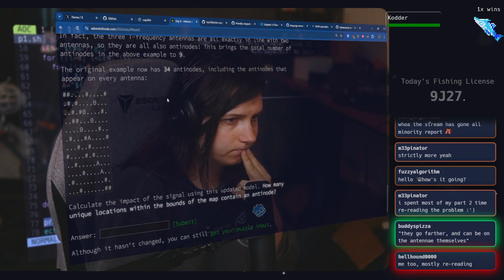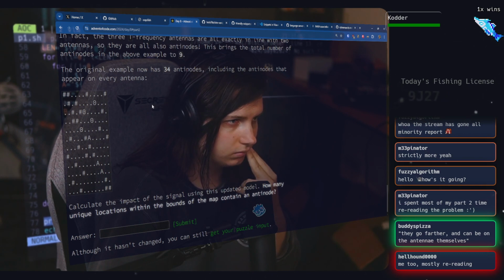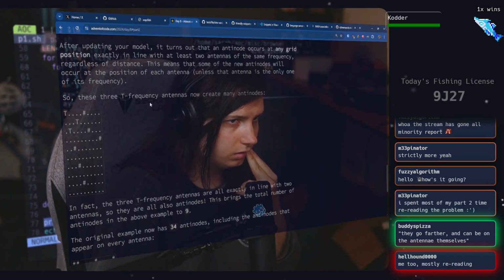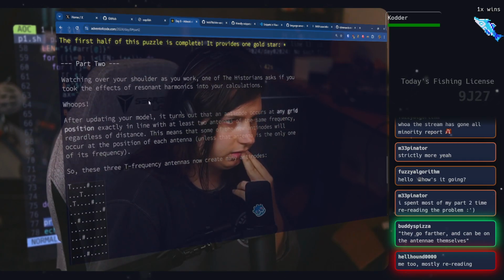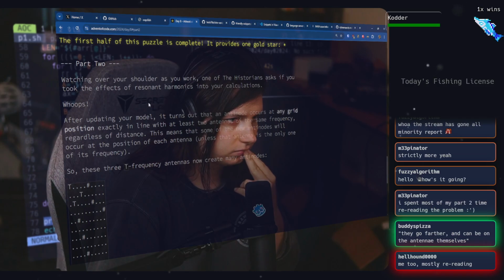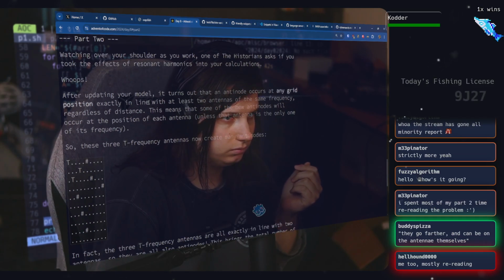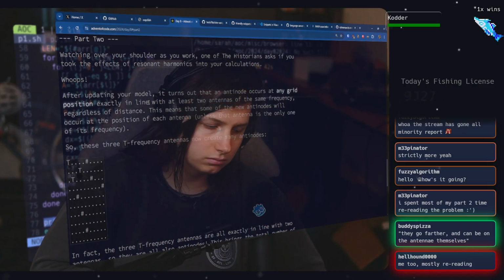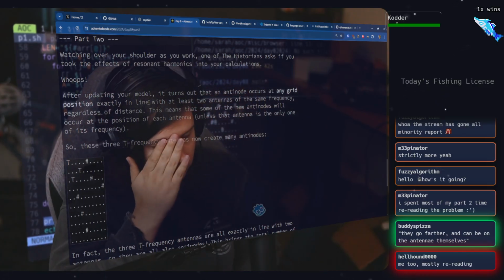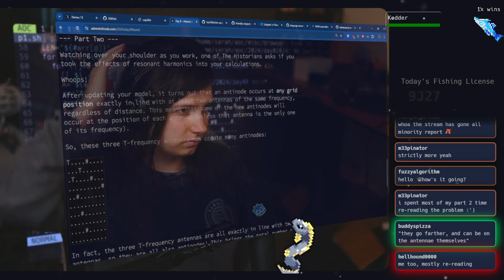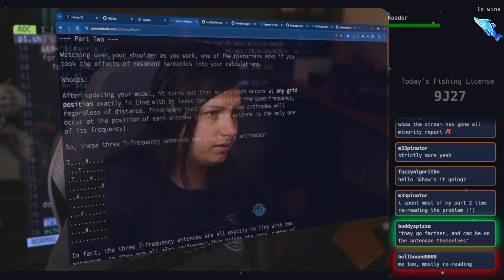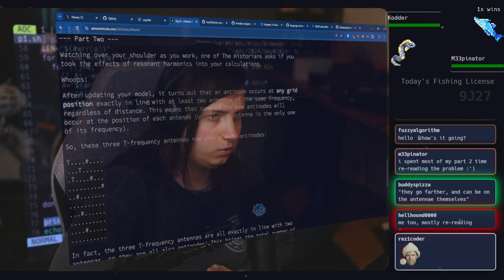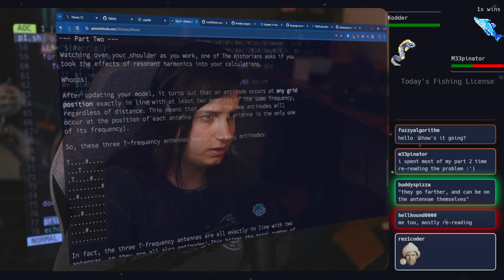Okay. This should be not too bad. Exactly in line with at least 2 antennas of the same frequency.